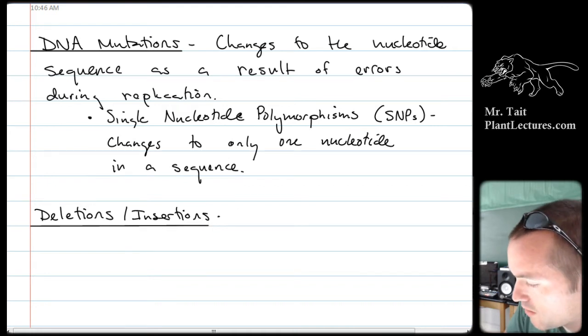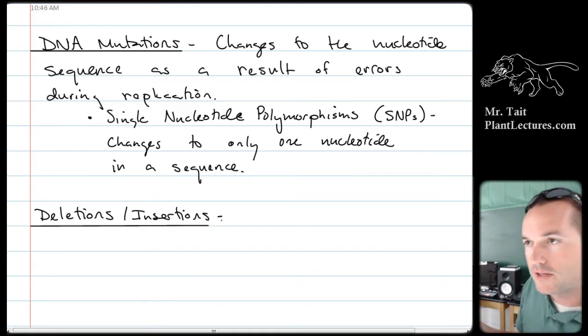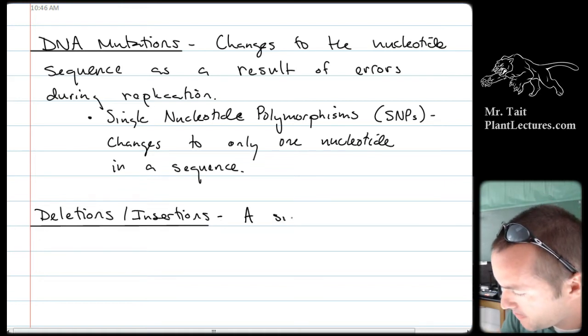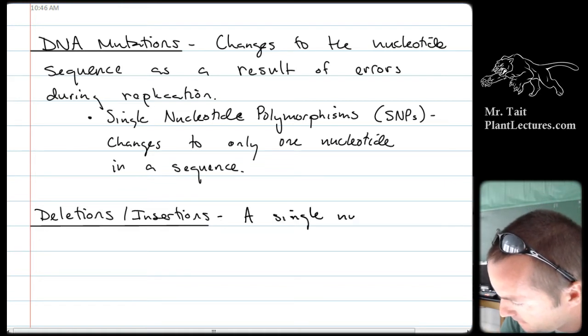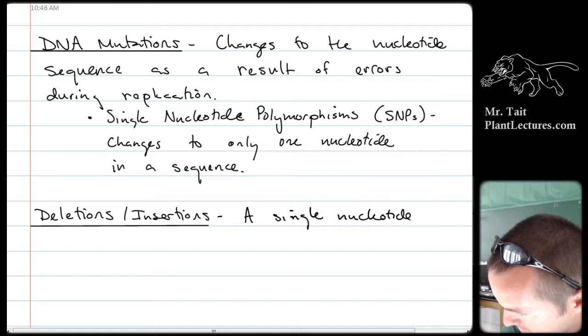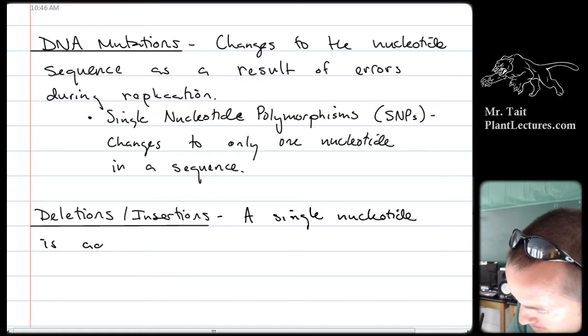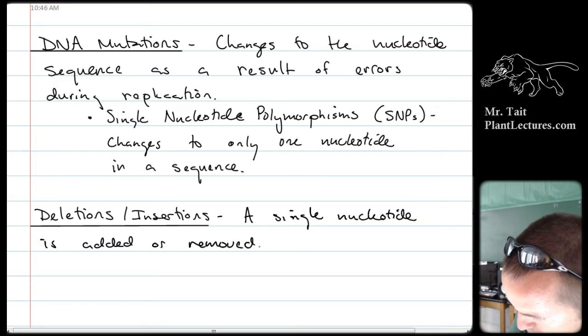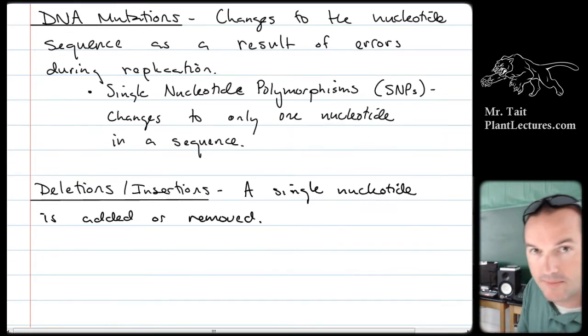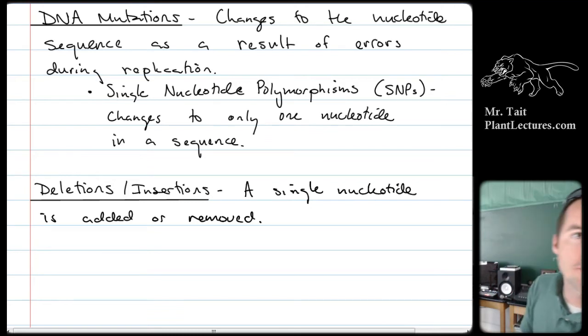Again, just a one nucleotide change here, but one nucleotide is either added or one nucleotide is removed. So an extra one got in there somehow, or one of them was missing.